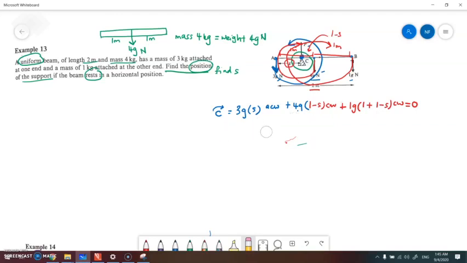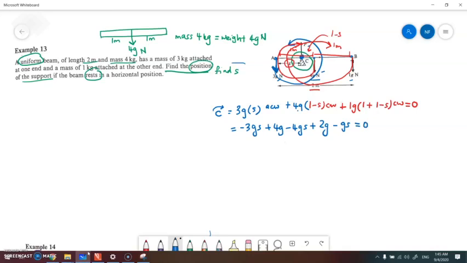If you want your answer all in clockwise, this is 3GS anti-clockwise, so you just put a negative there. And then you have 4G minus 4GS clockwise. And then you have 1G minus GS clockwise, equal to 0.